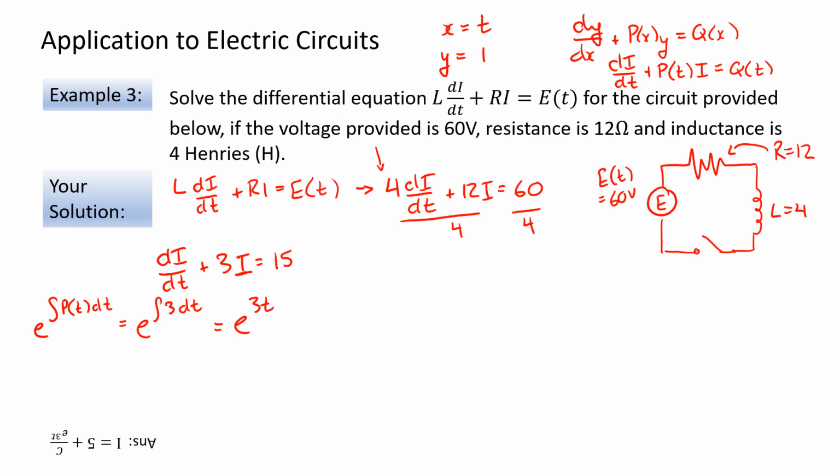Multiplying both sides by that integrating factor, we get e to the 3t di by dt plus our second term, which is e to the 3t times 3I, and that's equal to 15 times e to the 3t. Now remember, it still follows the same format.